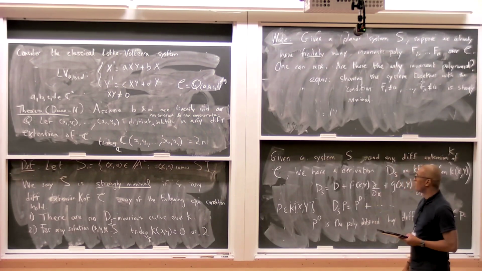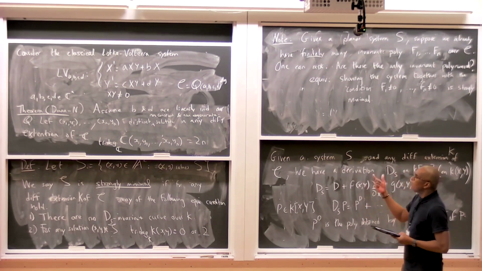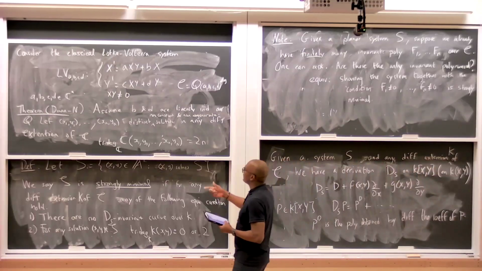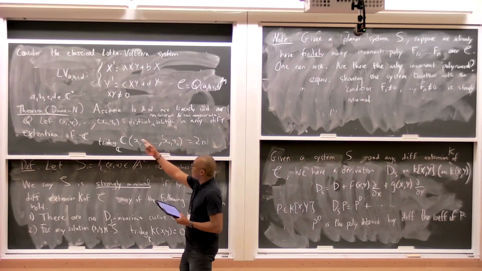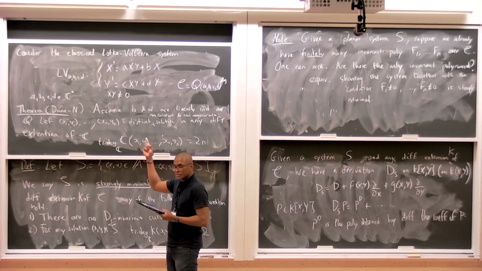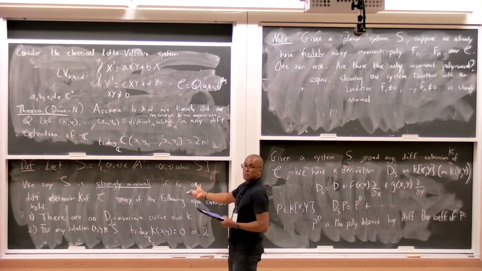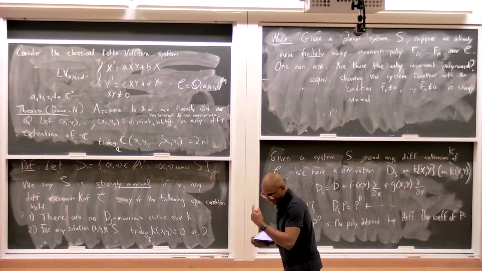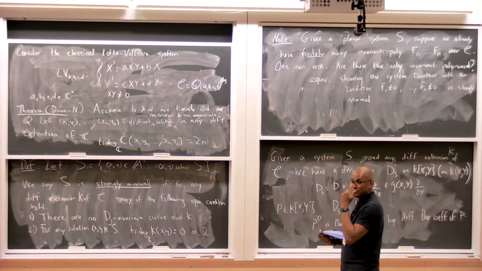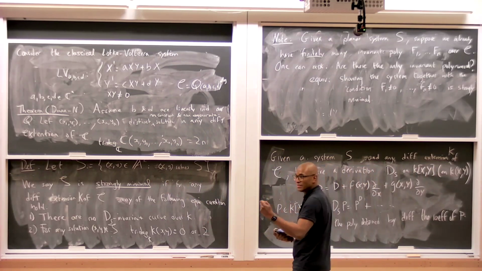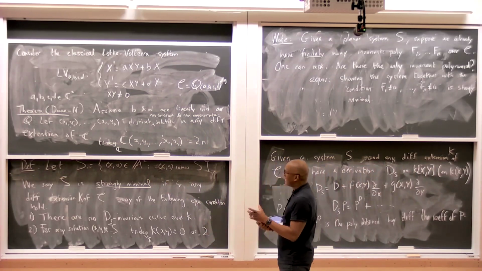Now one might ask: we want to understand algebraic dependencies among solutions, so what's the use of strong minimality? Well, it turns out that, especially for autonomous planar systems, if you're able to show that the system is strongly minimal, the structure of algebraic relations is very much constrained.